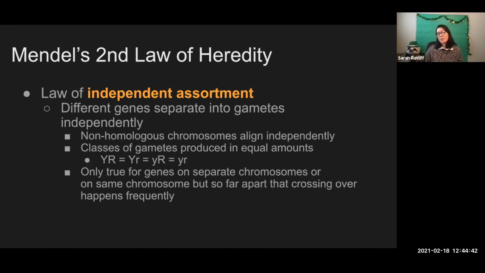If we're looking at our double-stranded chromosome, the one with the big X, with its tetrads, those arms and legs, and I have a gene for the color of my seed way up on this tip, and the shape of my seed is way, way down on the opposite end, they're super far apart, so the likelihood that they're going to cross over is very high. Independent assortment also works there. That's how we get some of that genetic diversity.